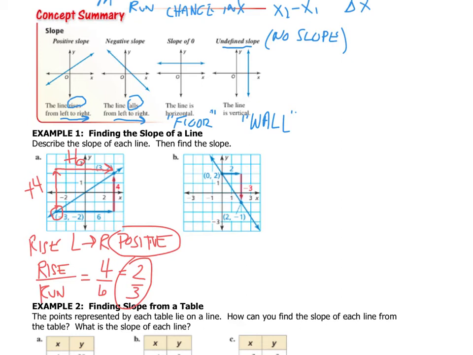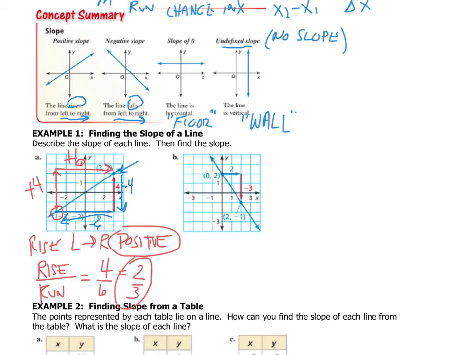Let's just say I wanted to start at this point over here this time. If I did my rise first, I would have gone 1, 2, 3, 4 down, which is a -4 for my rise. And then I would have turned and gone this way 6 units to the left this time, which is a -6.